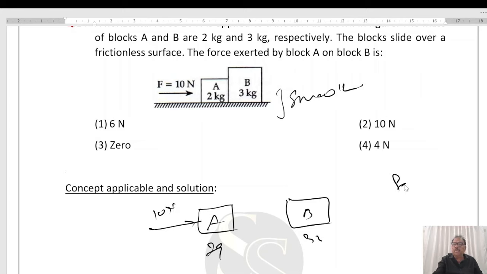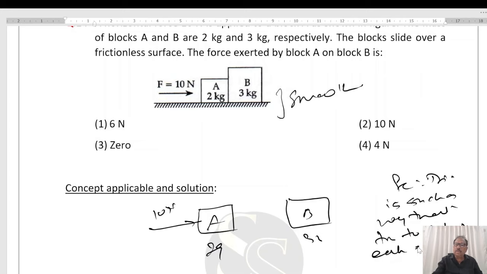The direction of the contact force is such that they try to separate from each other and not stick together, right? It means this will exert a force like this, and this will exert a force like this. This is Fc, this is Fc.